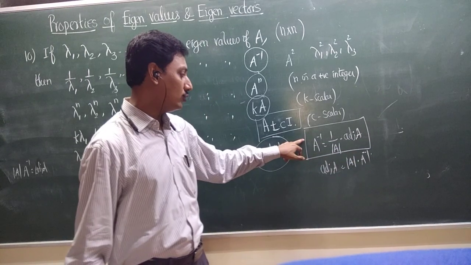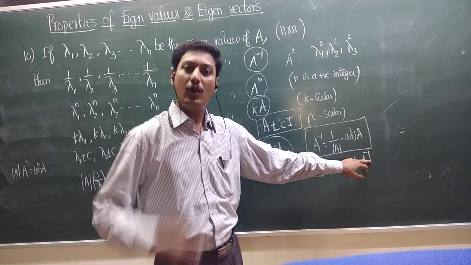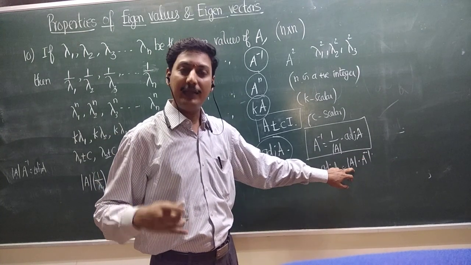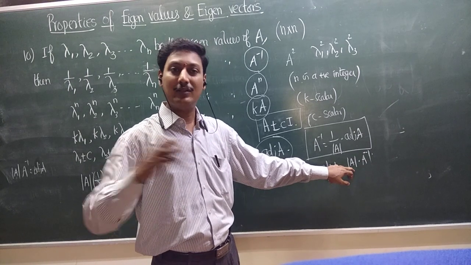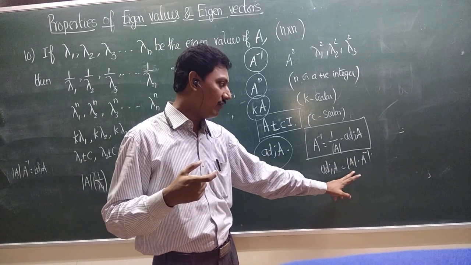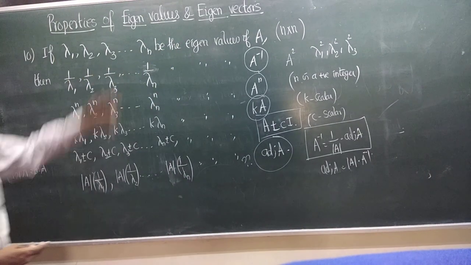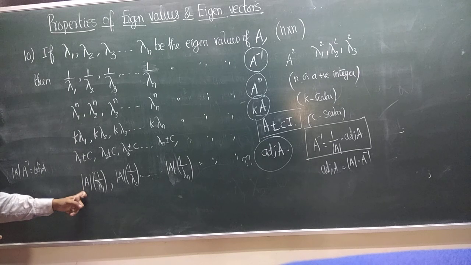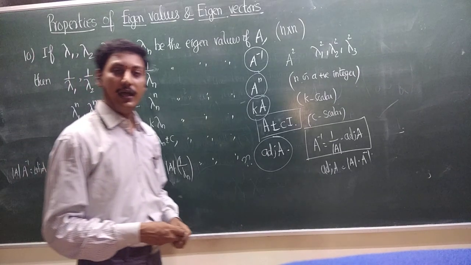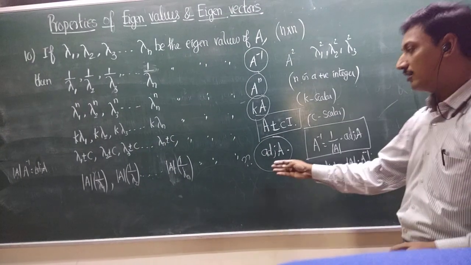Let us cross multiply to this side to get determinant of A into A inverse. What are the eigenvalues of A inverse? 1 by lambda 1, 1 by lambda 2, 1 by lambda 3. What is the determinant of A? It's nothing but the product of the eigenvalues, or otherwise it's a number, a scalar, a constant value. So let us multiply the determinant of A with the inverse of the matrix. By the first property, we get determinant of A into 1 by lambda 1, determinant of A into 1 by lambda 2, etc., determinant of A into 1 by lambda n, which are the eigenvalues of the adjoint of A matrix.